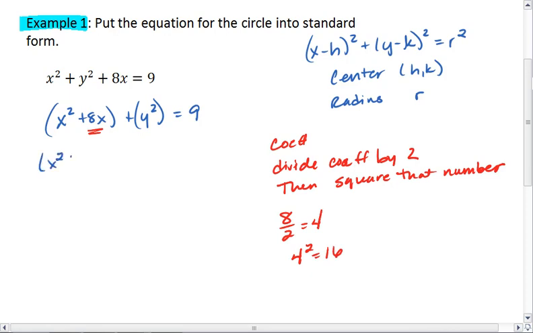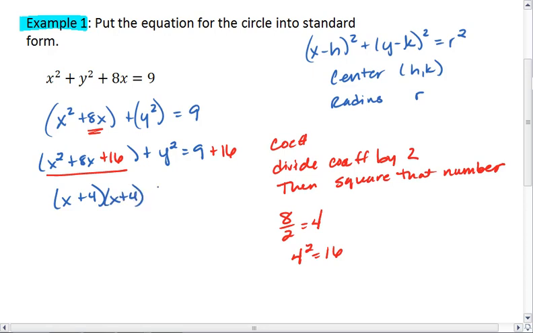We're now going to add 16 to both sides. And do make sure that you add this to both sides so that the equation stays equal. Notice now, x squared plus 8x plus 16 factors into (x plus 4) times (x plus 4).